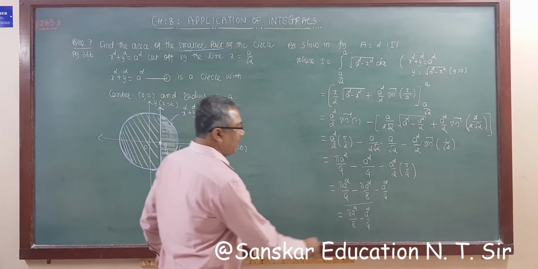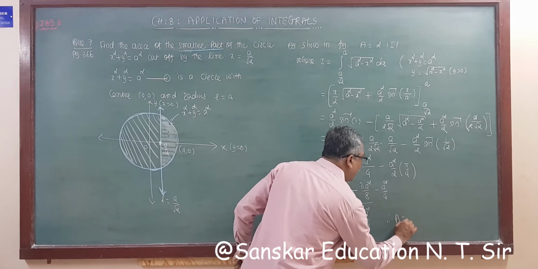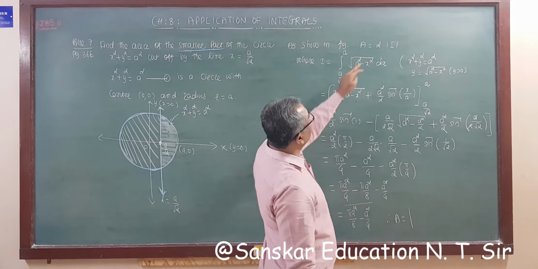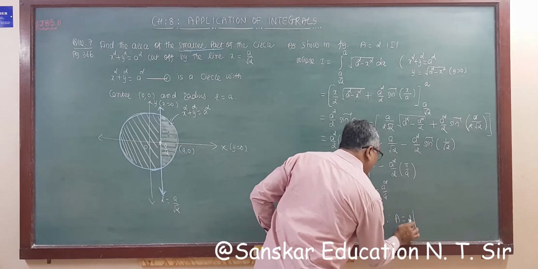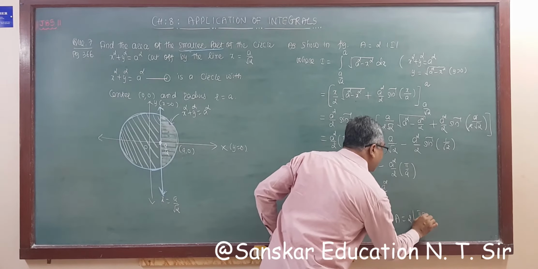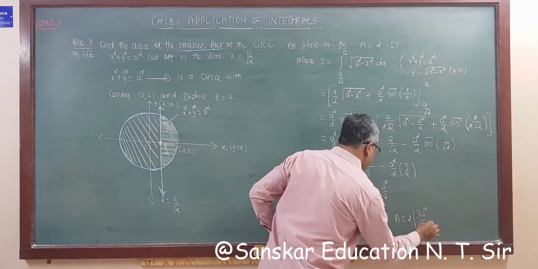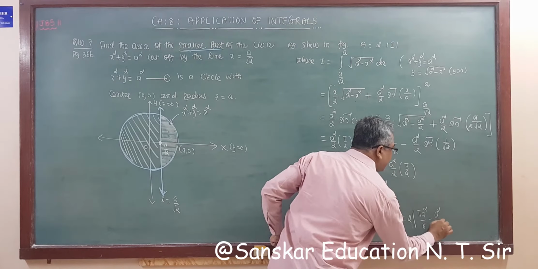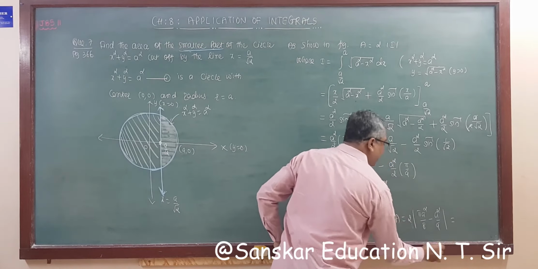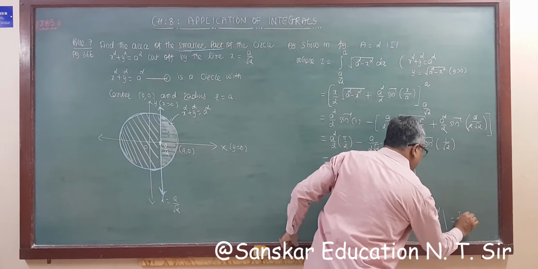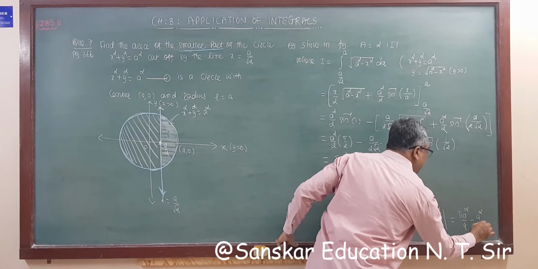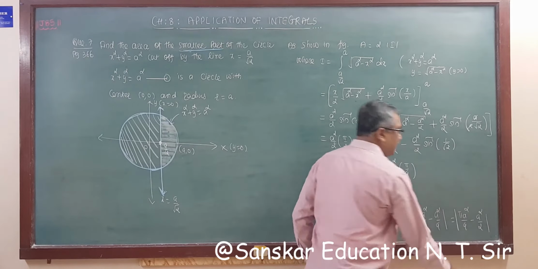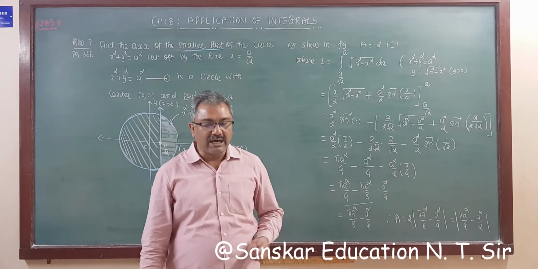Therefore a is equal to mod 2i, that is 2 times mod pi a square by 8 minus a square by 4. So multiply by 2, we get pi a square by 4 minus a square by 2. This is your answer.